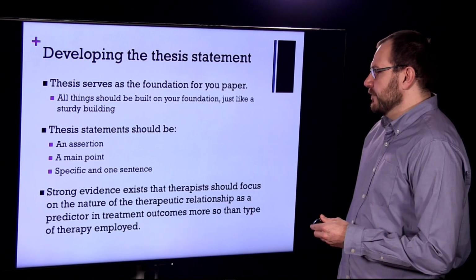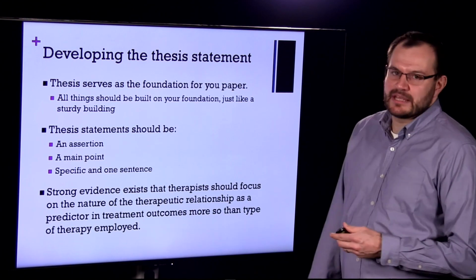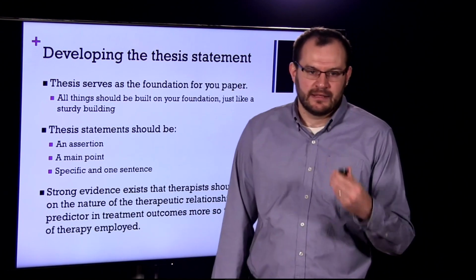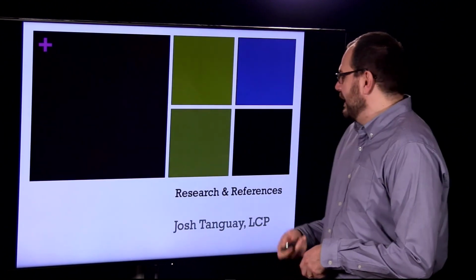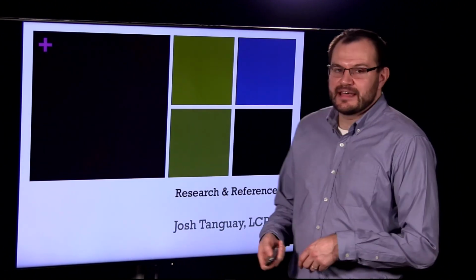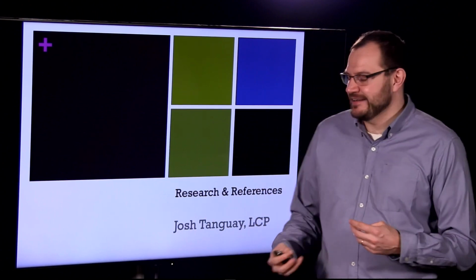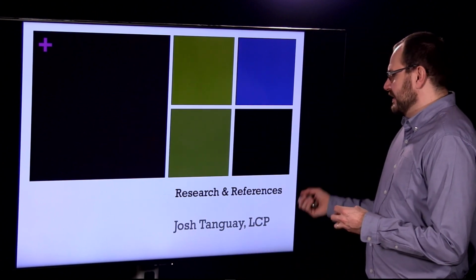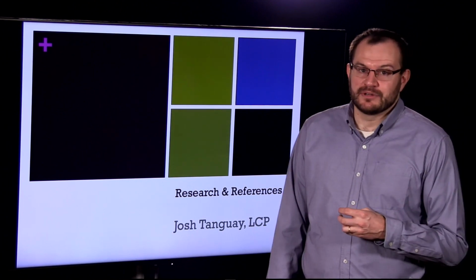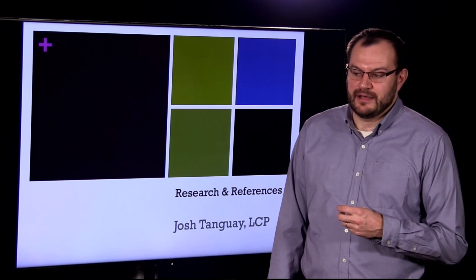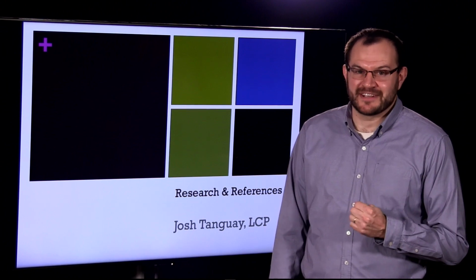I'm going to be looking for you guys to have a strong thesis statement to be a foundation for your paper. So I think that is the end of this first part here. Our next lecture is going to be on research and references, and we'll get to that either next module or one of the next modules here.